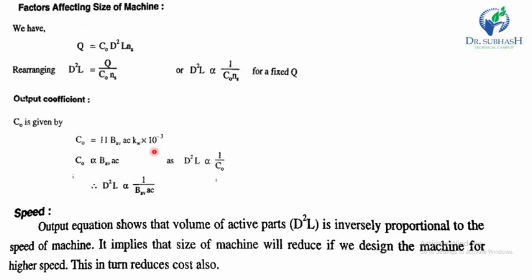And if we want to reduce the size and cost of the machine, we should increase C0. So if we increase C0, d square L decreases, which means the main dimension decreases and the size of the machine will decrease. So we can say that the size and cost of the machine will reduce with increased values of specific magnetic loading and specific electric loading.